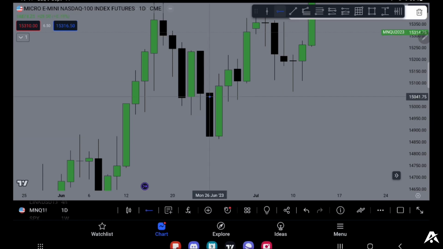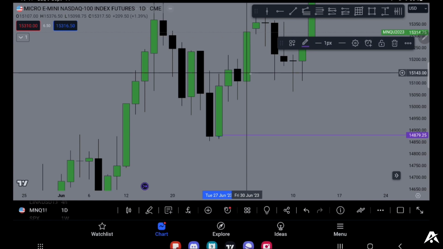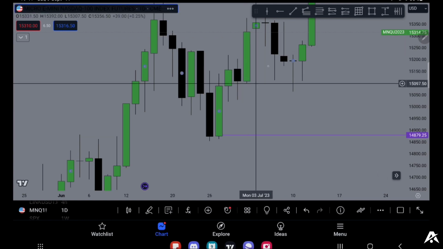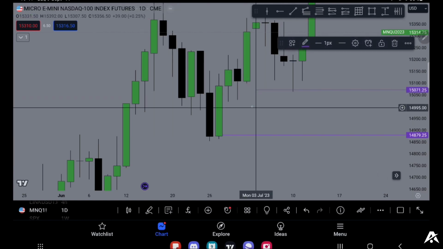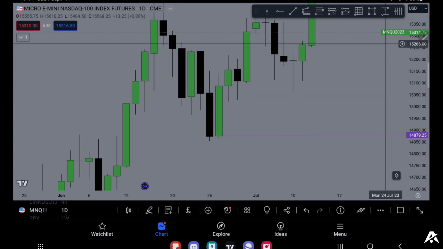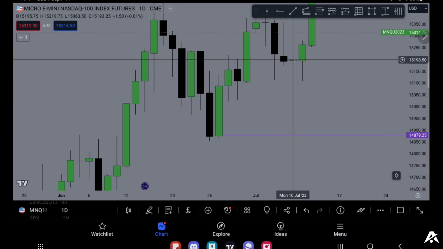If you're supposed to be longing here, you've probably longed somewhere here or here. And obviously, once you've longed, that's where your stop loss is going to be, slightly below it. So this long wick is just a grab of stop loss.